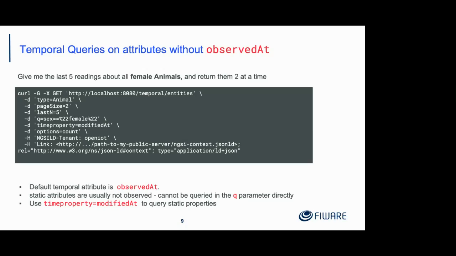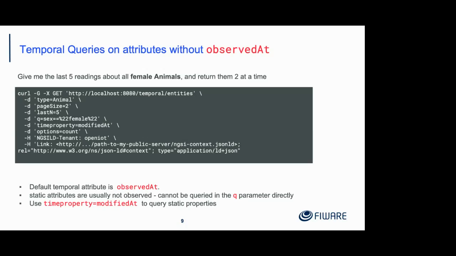It means when it was modified or its metadata was modified in the context broker. So if I push sex equals female and then push in sex equals female again, then the modified at system attribute will change, and that will be in the part of the time property. So it's not literally when the value was modified, it's when the value or the system attributes or the metadata was modified. Be careful about that.